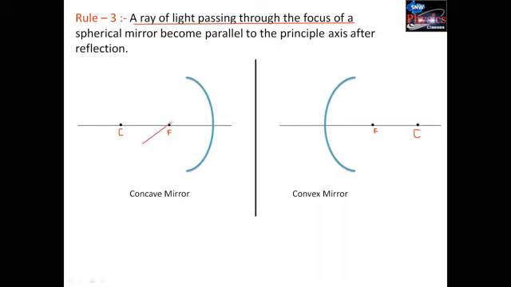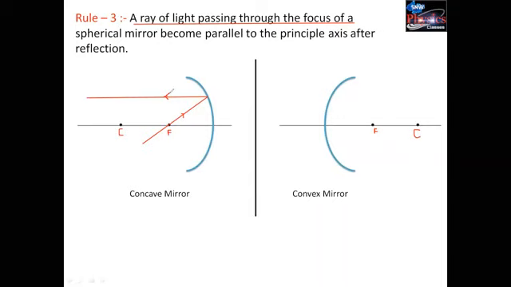The ray of light, when it passes through the principal focus, is sent parallel to the principal axis after reflection. Okay? ये क्या हो रहा है? Ray of light जब principal focus से होकर pass करेगी, then it will be reflected parallel to the principal axis.